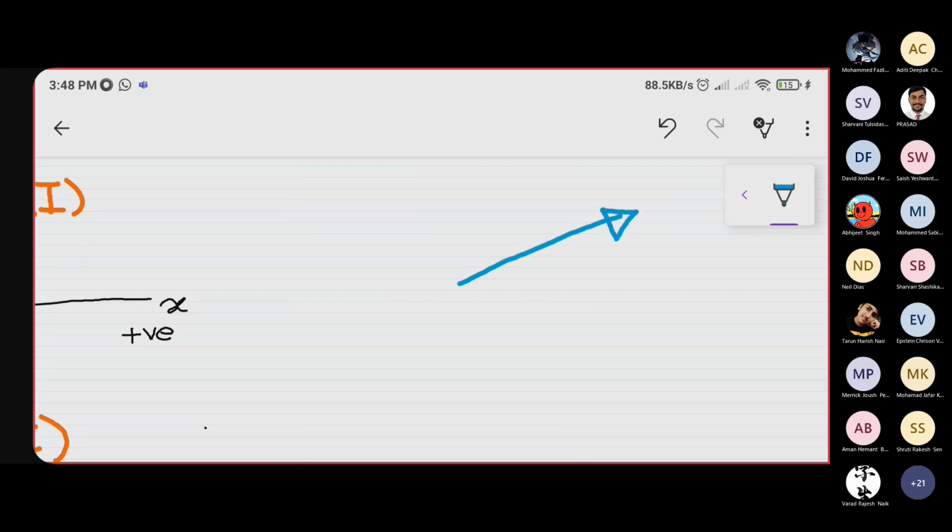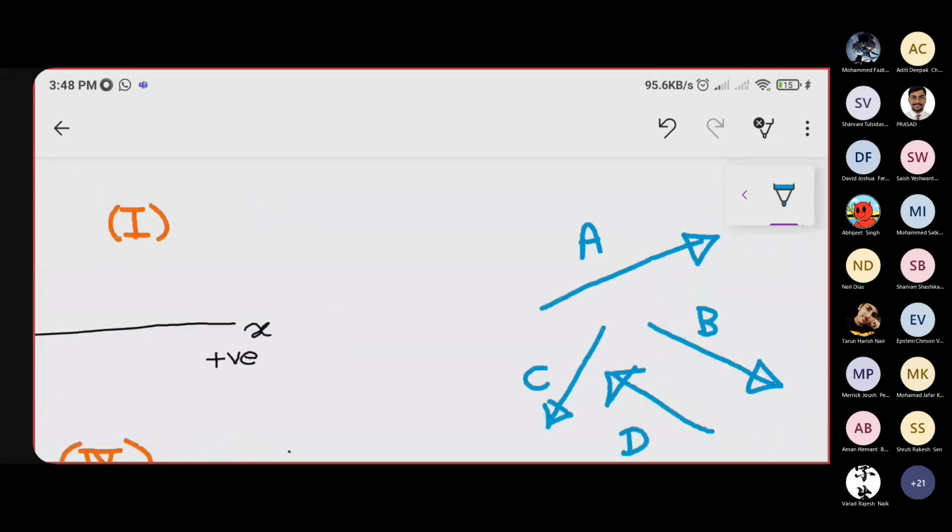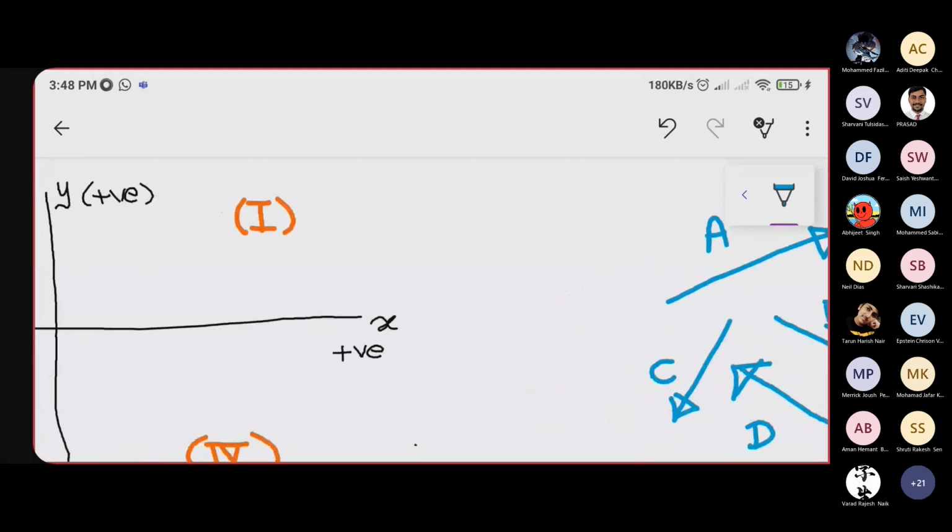A, B, C, D. Okay, A, B, C, D. So all these forces are represented by names. Now all these forces you can represent in this quadrant system.